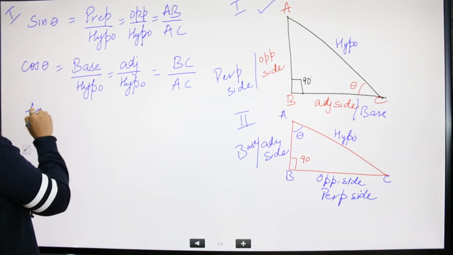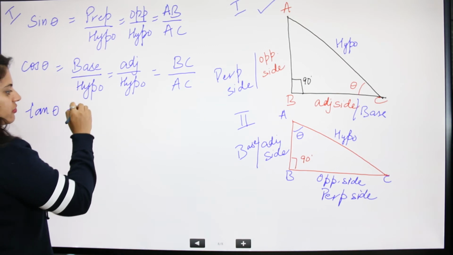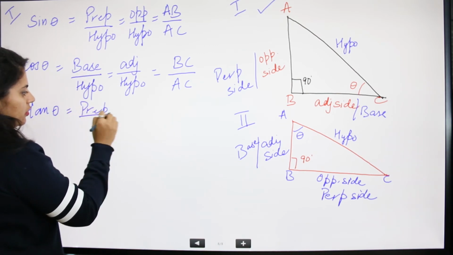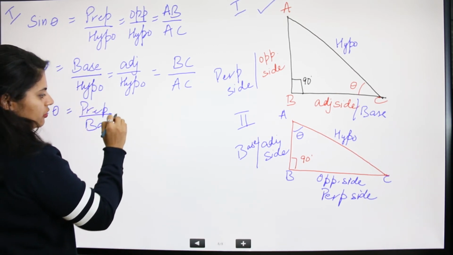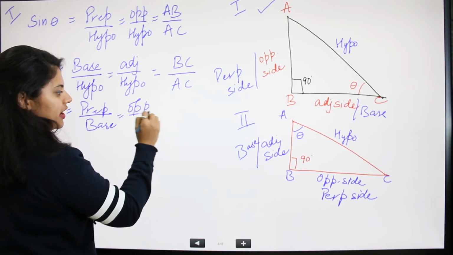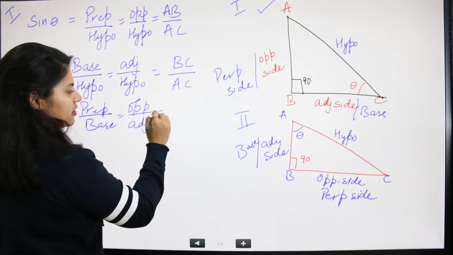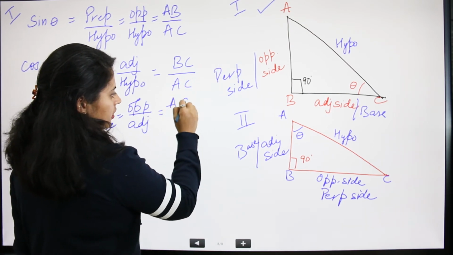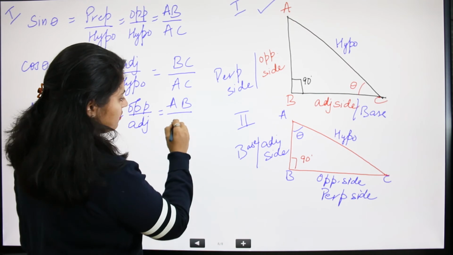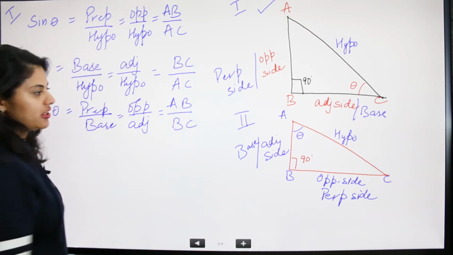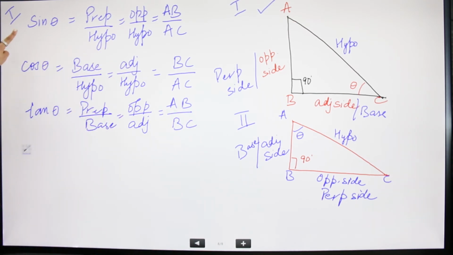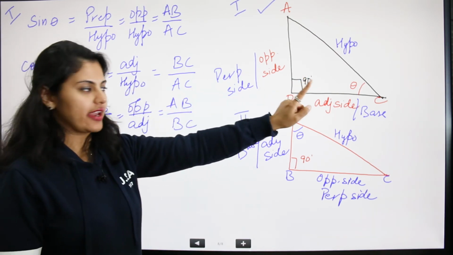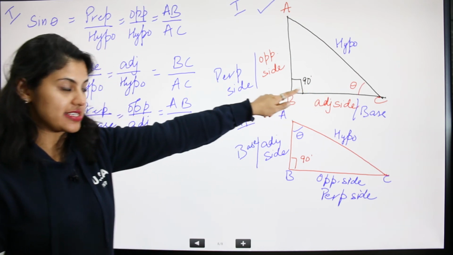Now tangent theta is equal to perpendicular over base, or we can also write this as opposite side divided by the adjacent side. So the opposite side in this figure is AB divided by adjacent BC. So this is the formula to find sine theta, cos theta and tangent theta for the 90-degree angle if the theta angle is at C.